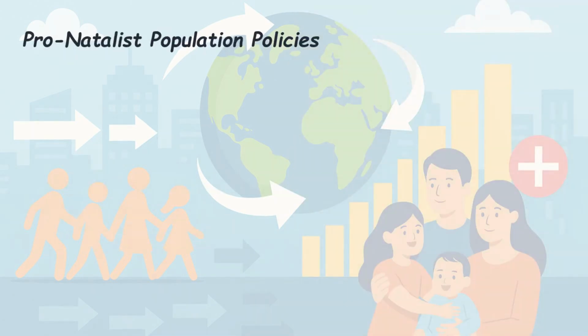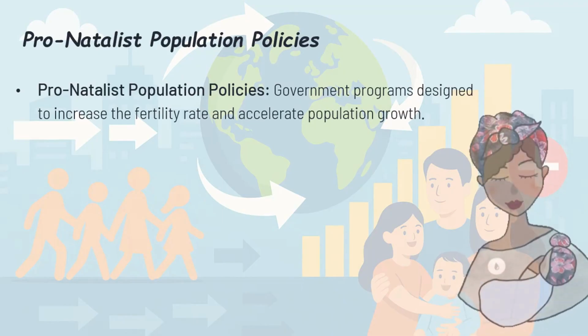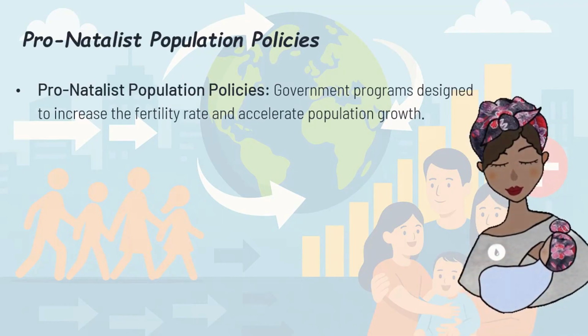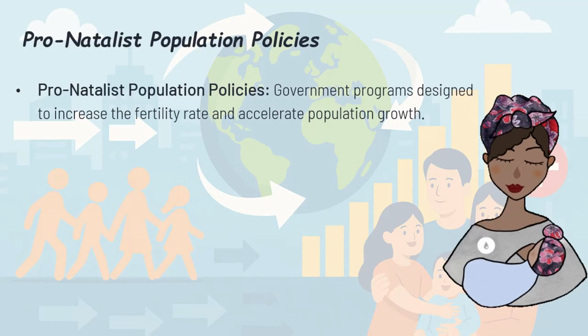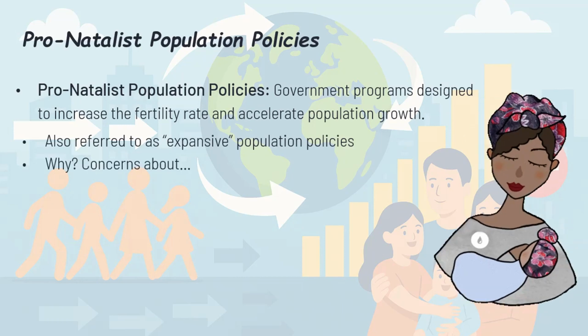Here's the deal. Pronatalist population policies are when governments basically say, we need more babies, stat. It's their way of trying to boost the birth rate and grow the population. Think of it like the government running a Have Kids, Save the Economy campaign. These are also called expansive population policies because the goal is literally to expand the population.